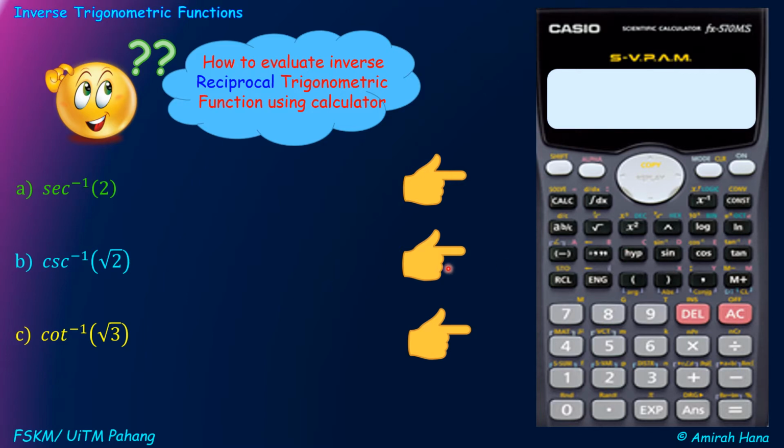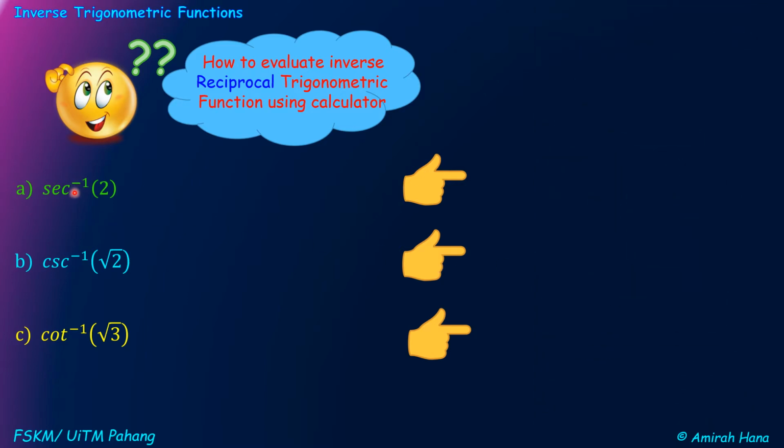So what we should do is, first we can write inverse sec 2 equals inverse sec 2 over 1.